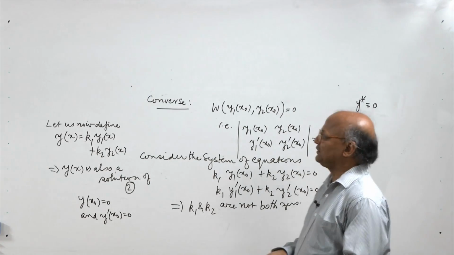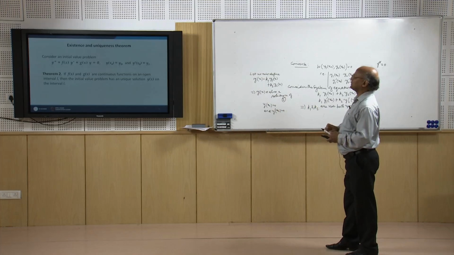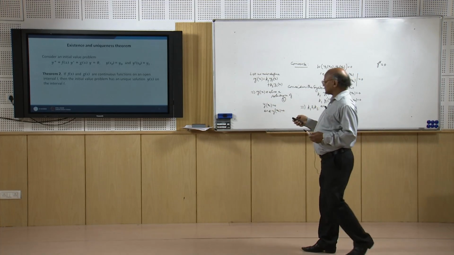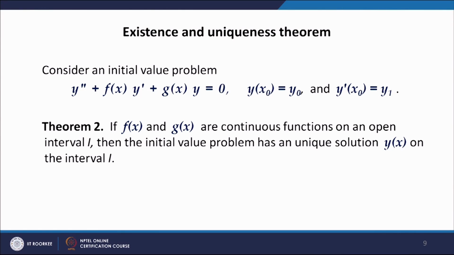Now let us apply the existence uniqueness theorem. This theorem tells us that when we have this homogeneous equation, or this initial value problem where y at x naught is y naught, y dash at x naught is y1, then the solution is unique. The initial value problem has a unique solution.